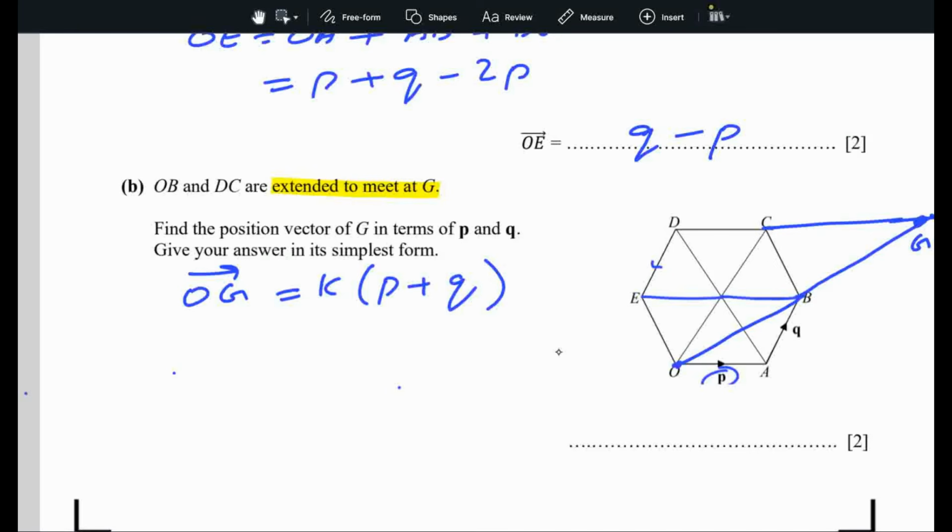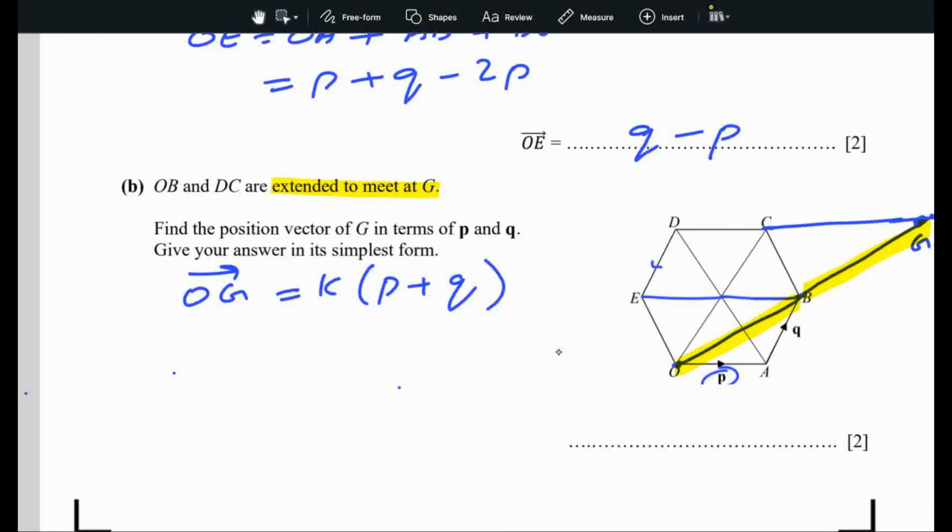We know that OB is p plus q. So this length will be the double.